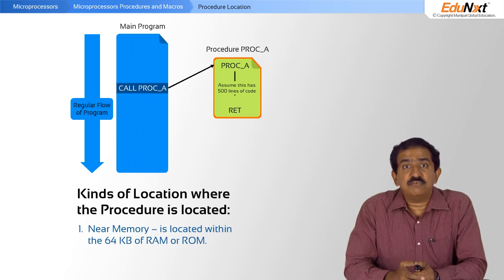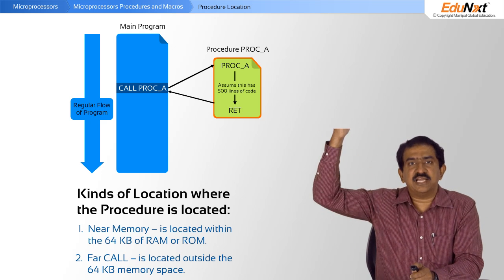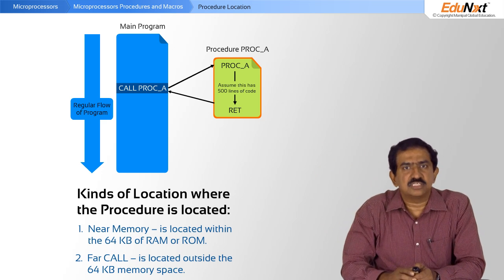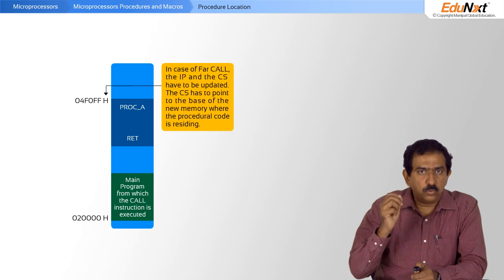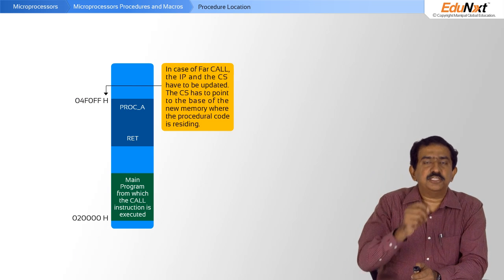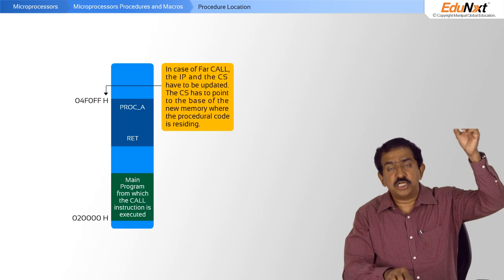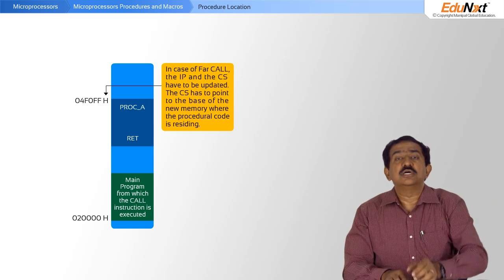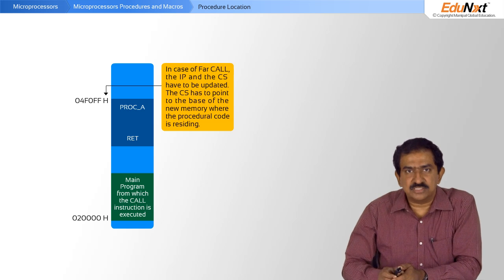In the case of a far call, the procedure could be located anywhere in memory, not within the 64K memory space. In this case, not only must the instruction pointer be updated, but also the code segment. The code segment has to point to the base of the new memory where the procedural code is residing.